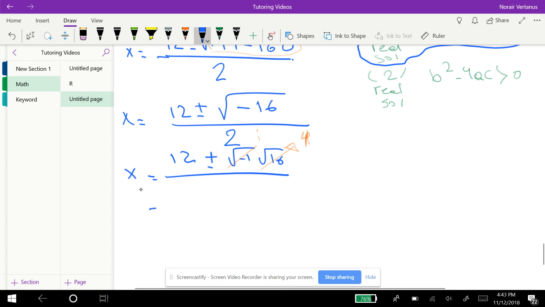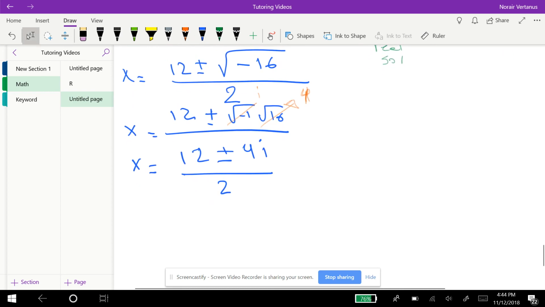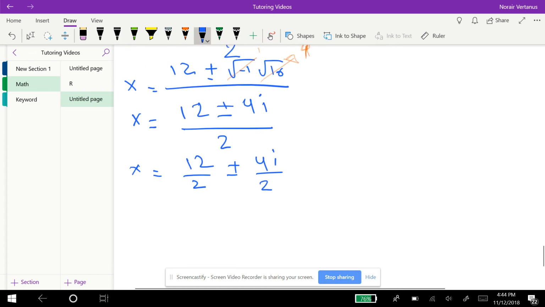So we get x equal to 12 plus minus 4i over 2. Again, we simplify it. X equal to 12 over 2 plus minus 4i over 2, right? And then x is equal to 12 divided by 2, 6, plus minus 2i, and we're done.